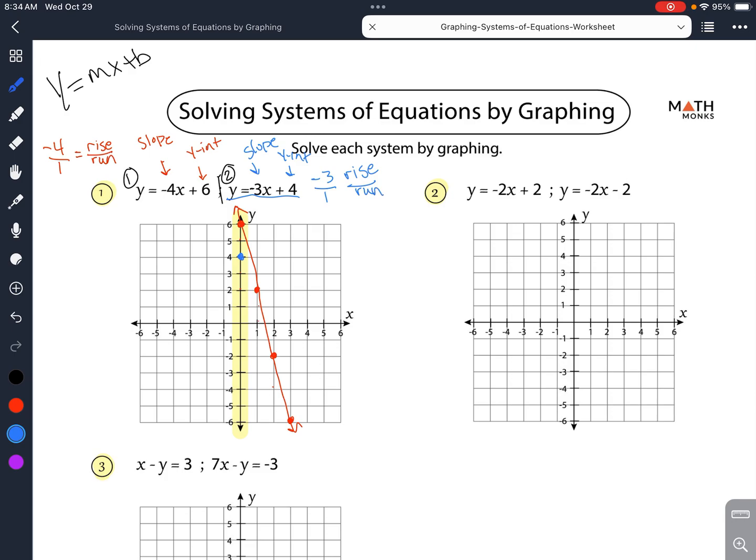Because -3 is negative, we are going to go down. So we're going to go down 1, 2, 3, and to the right 1. Same thing, down 1, 2, 3, to the right 1. Down 1, 2, 3, and to the right 1. And again, I'm just going to connect those dots as best I can.